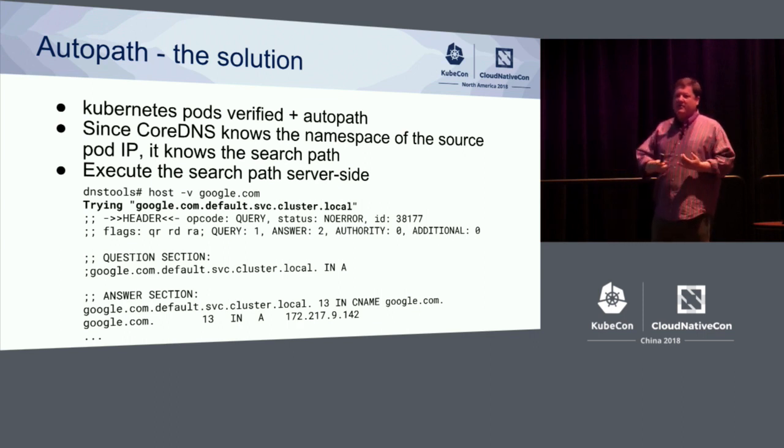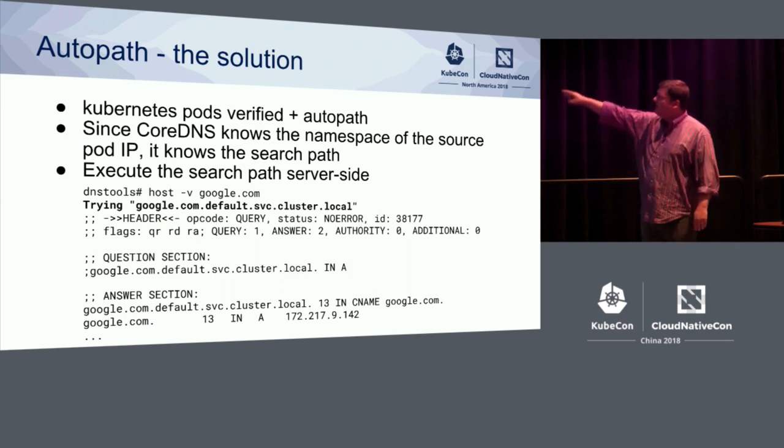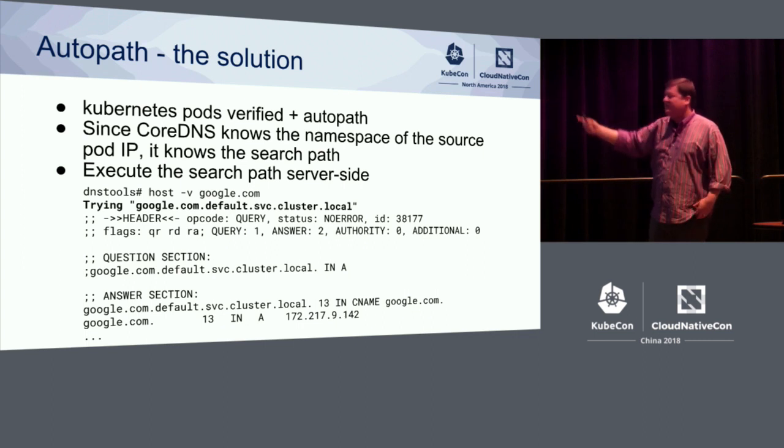So if you enable the pods verified mode, which causes a watch on pods, and you enable the Autopath plugin, we will follow that entire path on the server side and then return what's called a CNAME, an alias record that points to the real record. So essentially, instead of doing those 5 queries from the client to the server, you do 1 query from the client to the server, and it returns a result immediately.